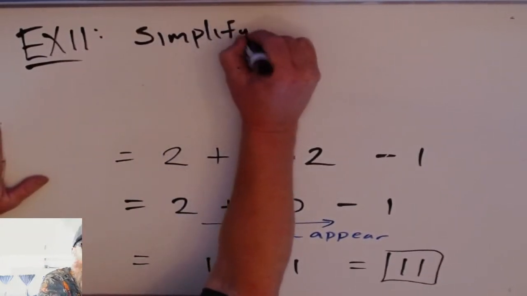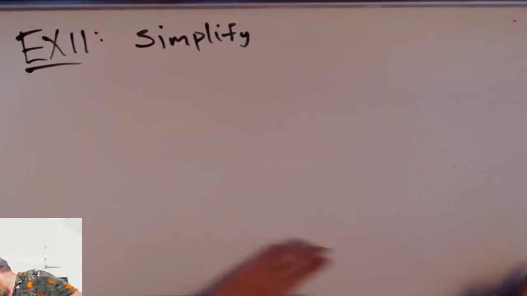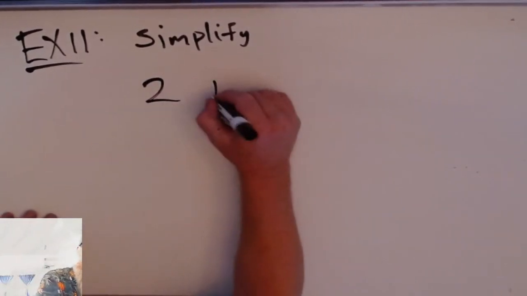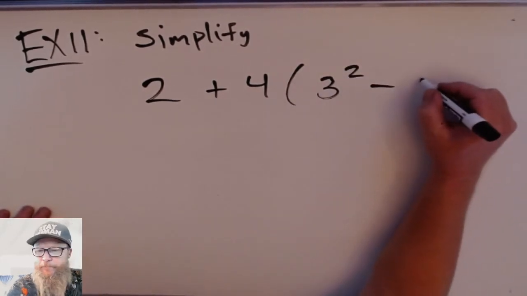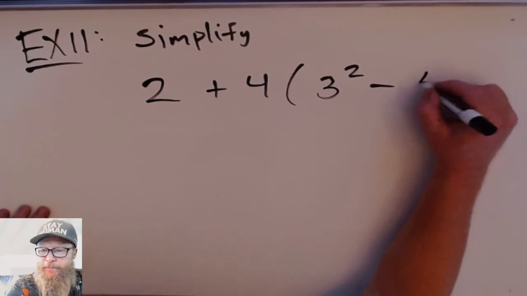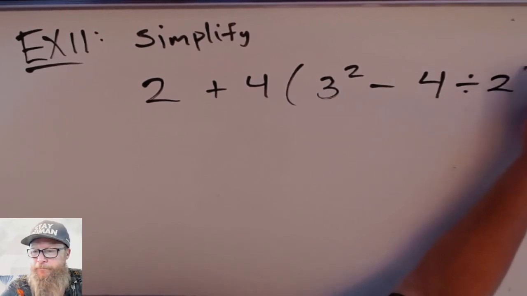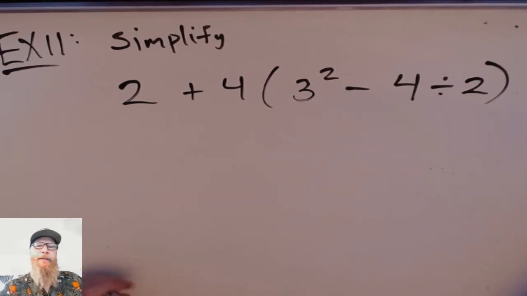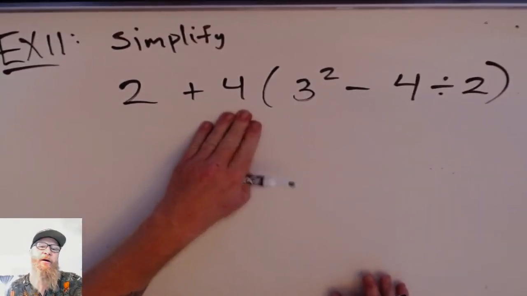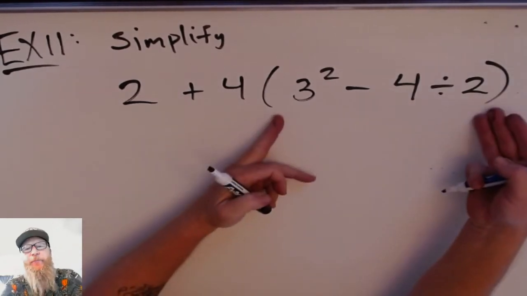And these ones are a lot faster to write down. Okay. So here we go, 2 plus 4. Avoid that at all costs. If you jump into a problem and you start adding right away, it's 9 times out of 10 going to be incorrect. So look inside the parentheses.